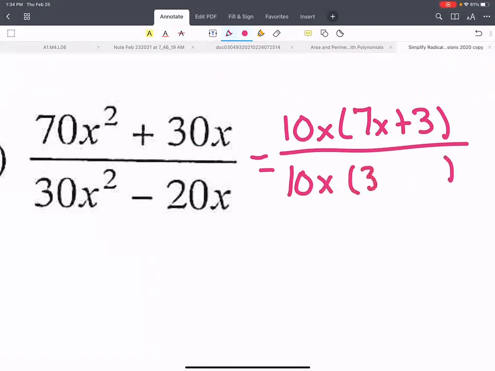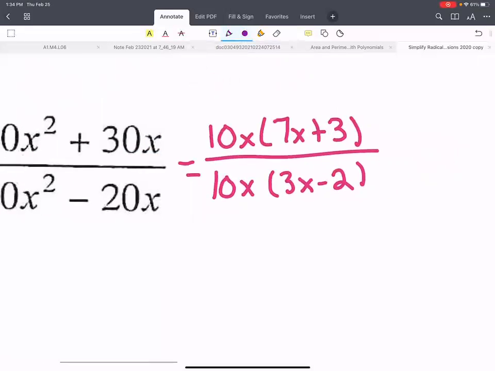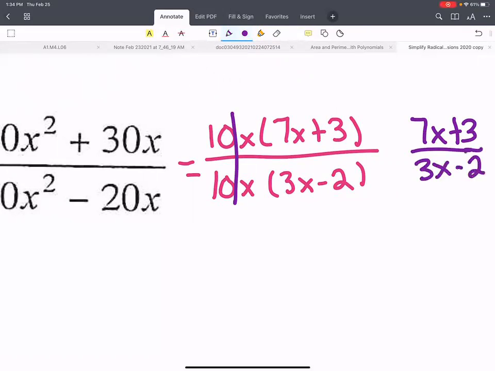And that leaves me 3x minus 2. What cancels here? The 10x's cancel, and it leaves me 7x plus 3 over 3x minus 2. Good so far?